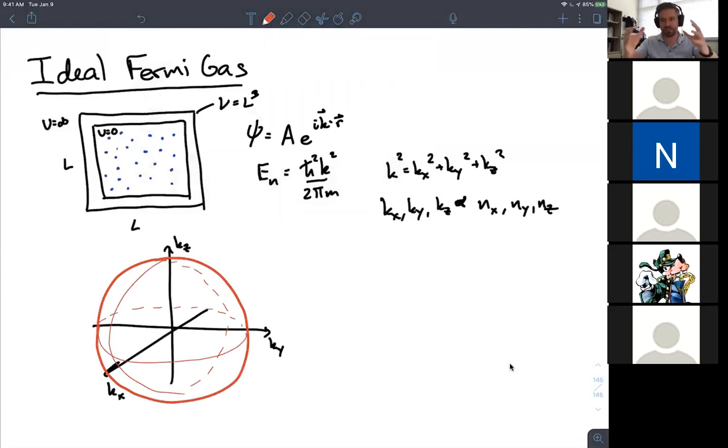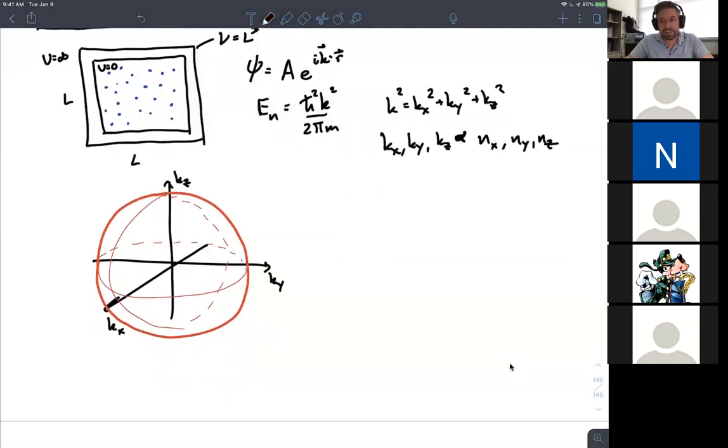And we're interested again in the number of states that live within a shell volume of the sphere in k space. The answer is going to be exactly the same as what we got previously, because the answer to this didn't depend upon the fact that it was a boson or a fermion.